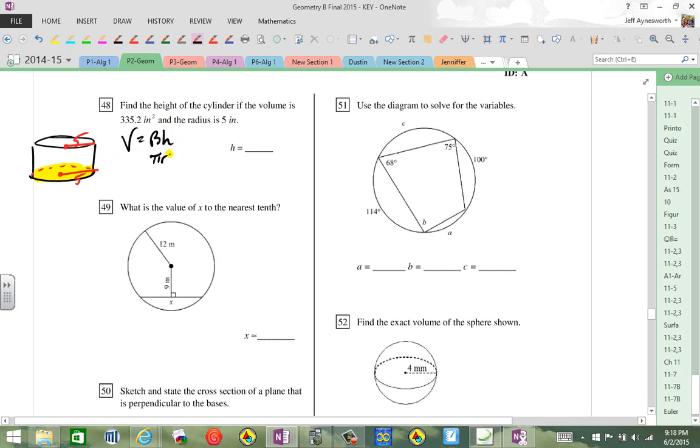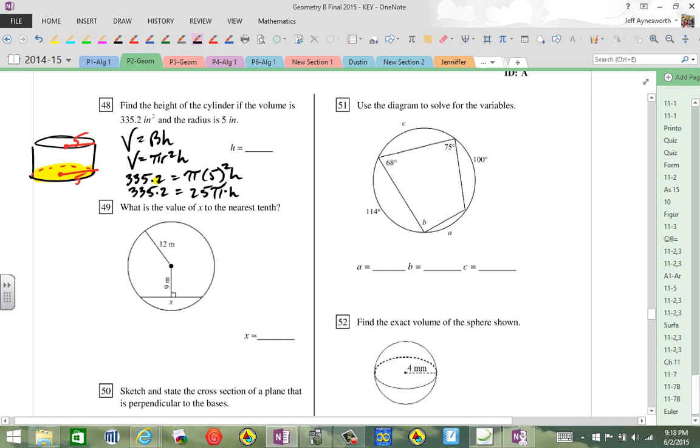So it's pi times radius squared times height. There's your volume strategy. The radius is given, the volume is given, so substitute it in. So 335.2 is equal to pi times radius of 5 squared times height. And you've got to solve for the height here. So 5 squared is 25, so you have 335.2 is equal to 25 times pi times the height.